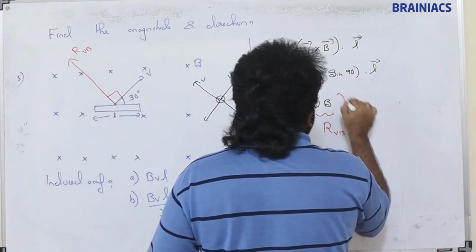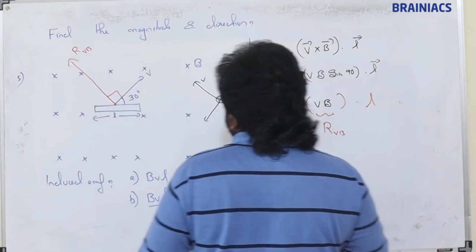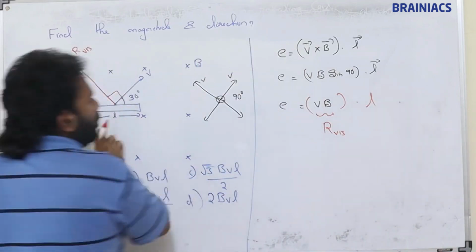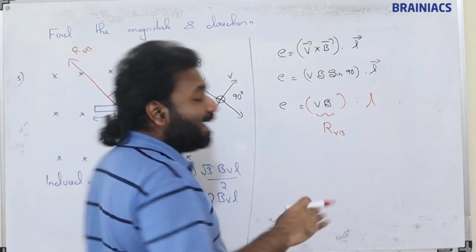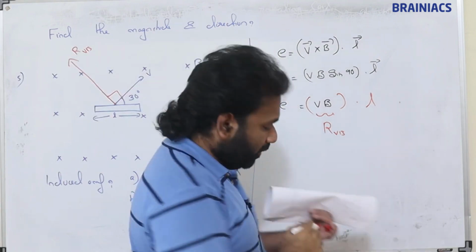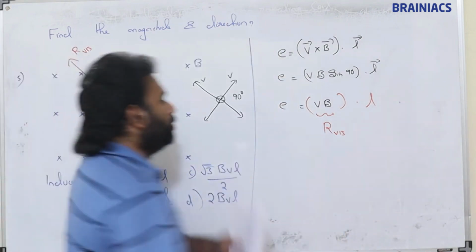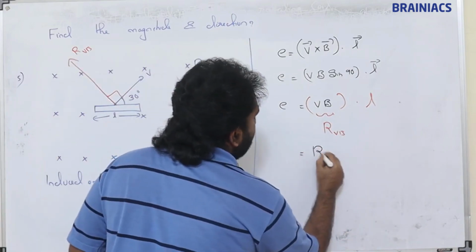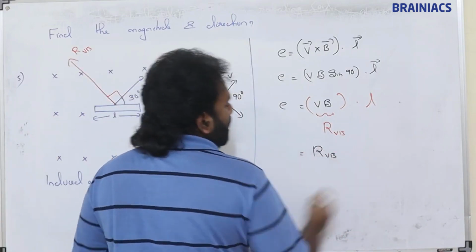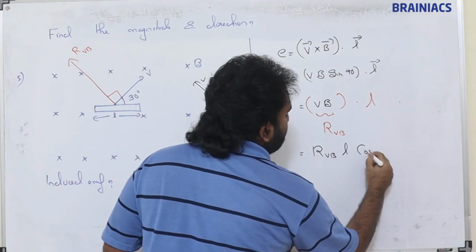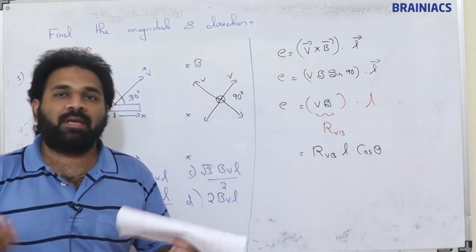Now this one dot the L vector. Now this angle is different, so we will have to apply the angle, right? This resultant R, V B L cos theta, since A dot B is AB cos theta.